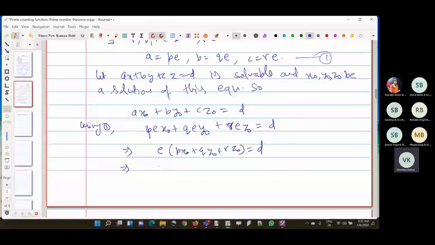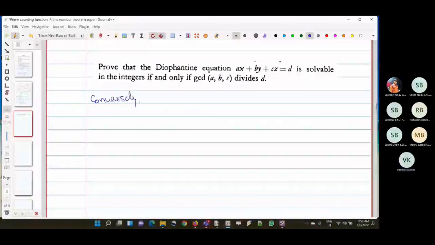The second part, conversely, assume that e divides d. Then we need to prove that the given equation is solvable.